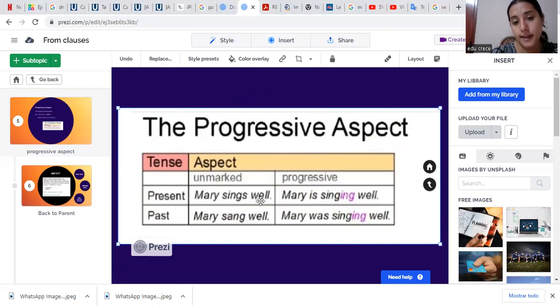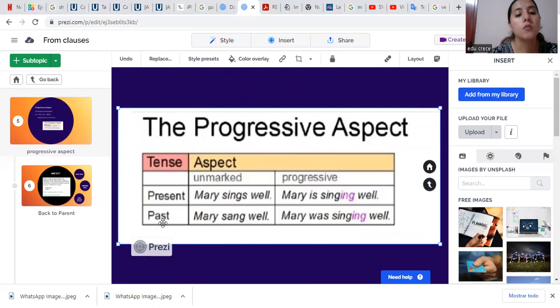But in progressive, it will be Mary is singing well. In this case, you need to use the verb to be and -ing. The -ing represents that the action is going on.